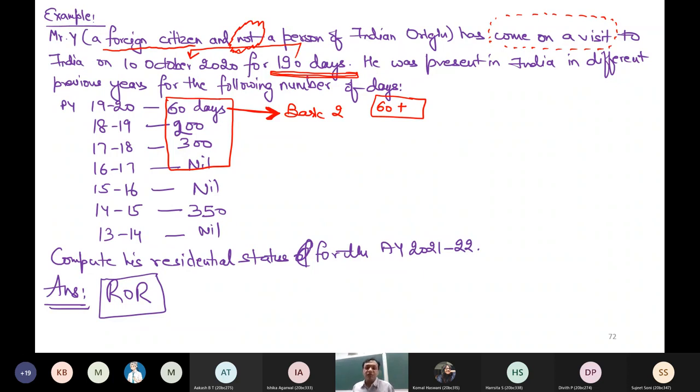In 1920 it is 60 or more, as well as the last 4 years: how many days? 500, that is 200 plus 300 plus nil plus nil. Point clear? So in 1920 I am resident.